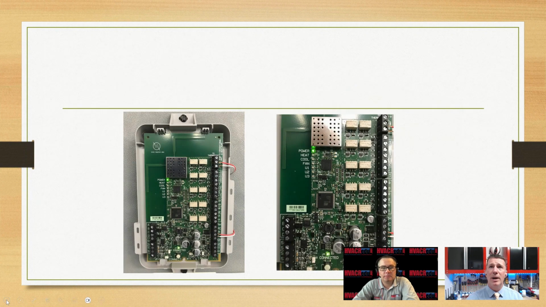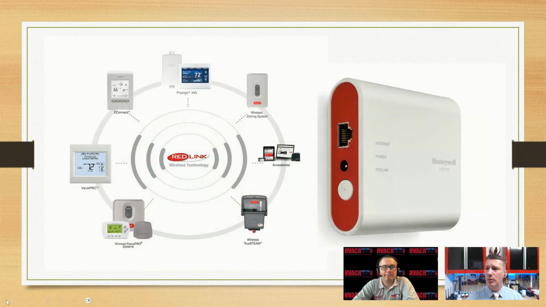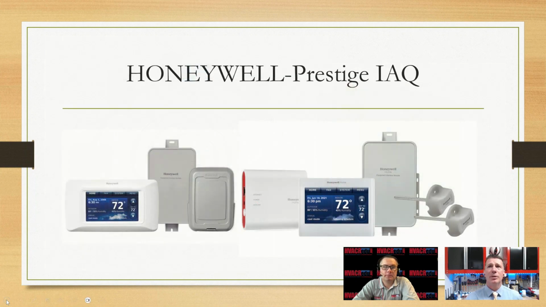Let me back up real quick. When we're talking about our RedLink stuff, the Prestige IAQ system, which is using RedLink, we're actually using wireless communication, some form of Bluetooth, Zigbee, Z-Wave, whatever kind of frequency.